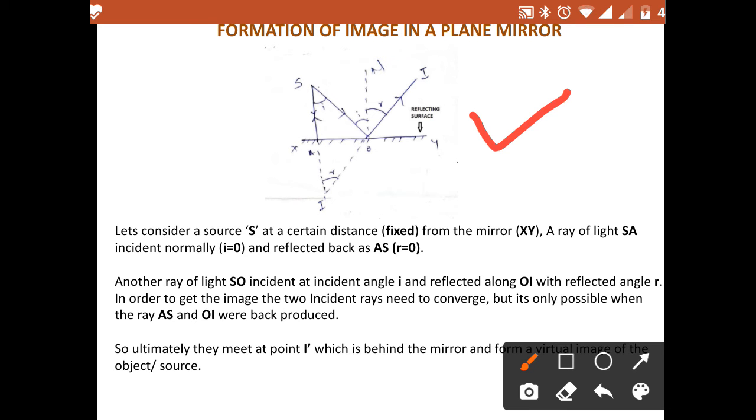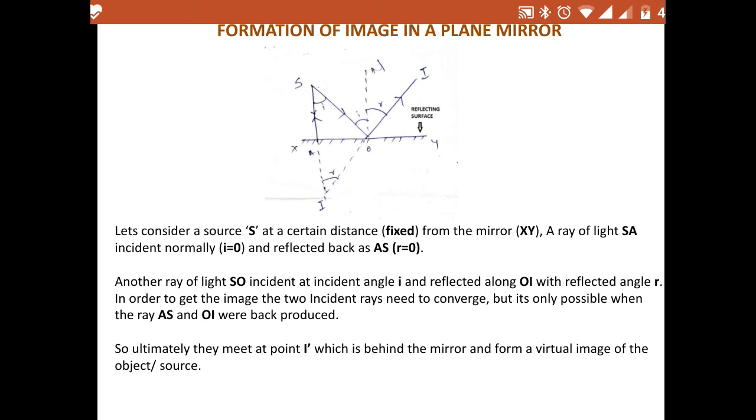Let's see what is the behavior of the image. The ray AS and the normal are parallel to each other, so the angle ASO equals the angle SON.